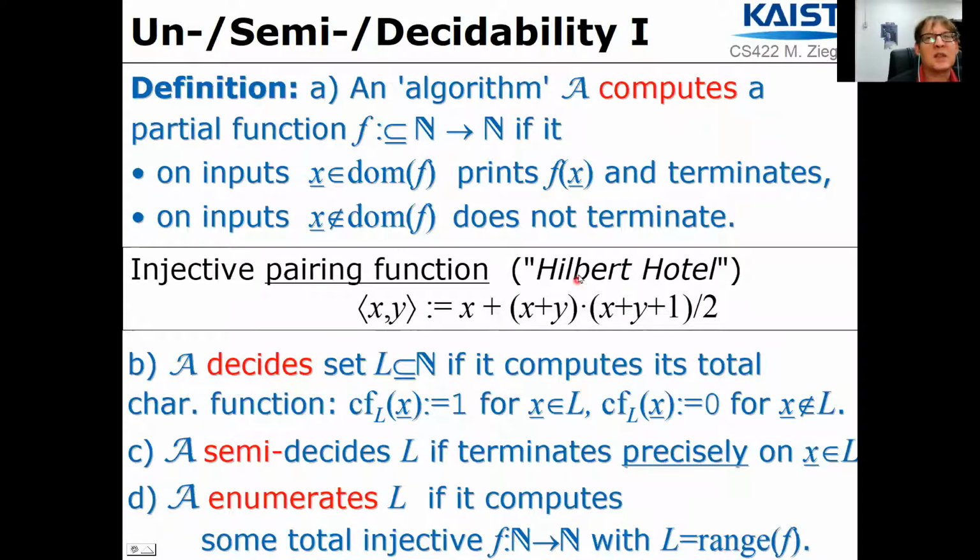So that's the essence of Hilbert's hotel and the pairing function, that it describes a way of fitting countably infinitely many buses with countably infinitely many guests in each into one Hilbert hotel having only countably infinitely many rooms. So that's the story behind Hilbert's hotel and the pairing function.